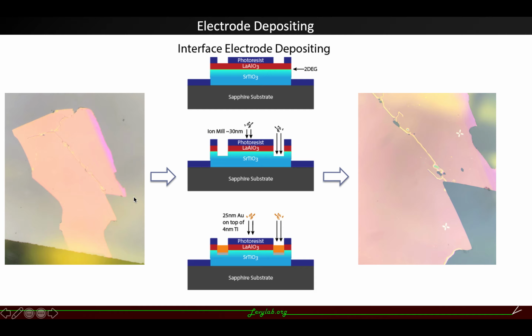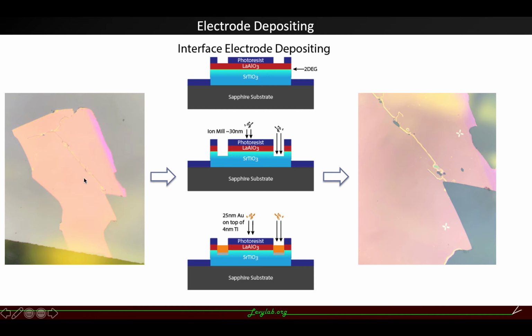And then we located the membrane and etched to the STO layer to deposit interface electrodes, and then we deposited another layer of electrodes to serve as bonding pads outside the membrane region. And this is how a typical canvas looks under the AFM scan.